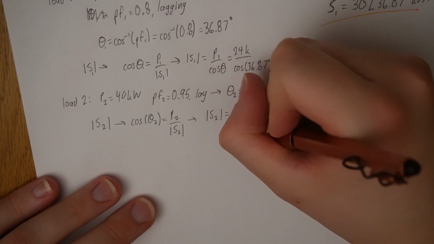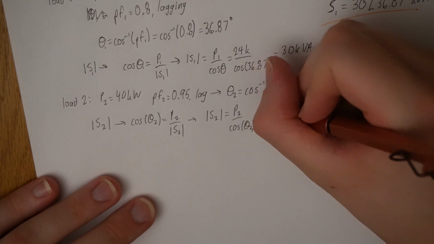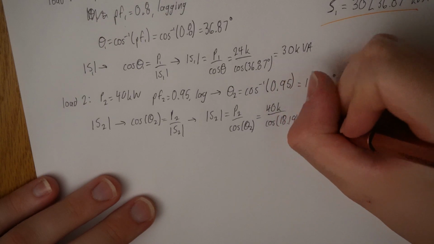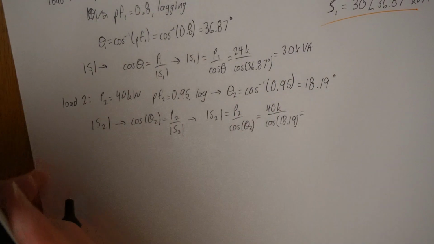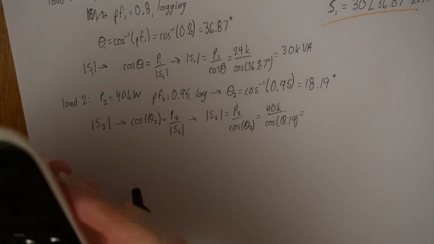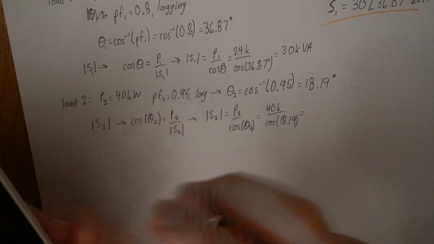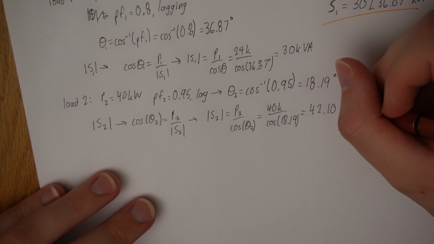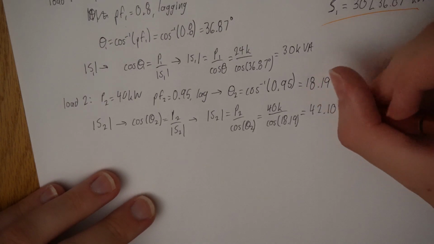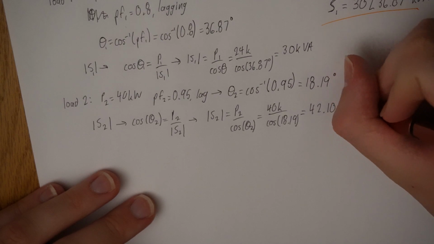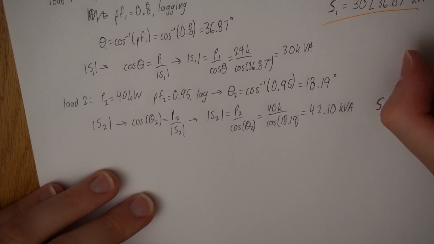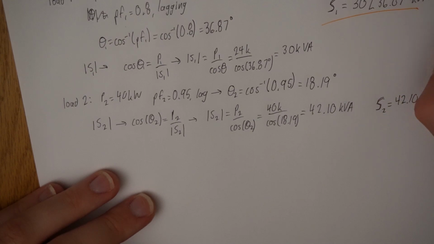P2 over cos theta 2 equals 40K over cos 18.19 equals 42.10 kilovolt amps. Therefore, S2 equals 42.10 angle 18.19 degrees kilovolt amps.